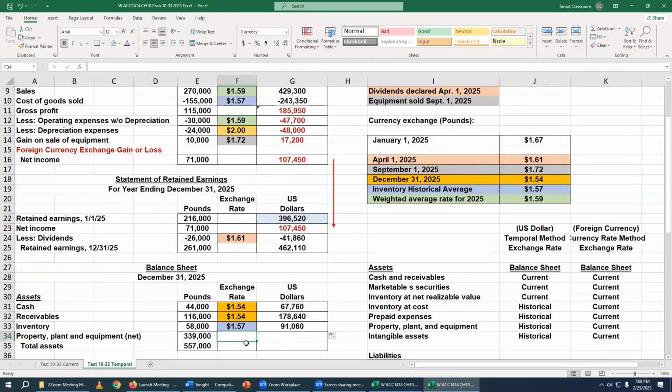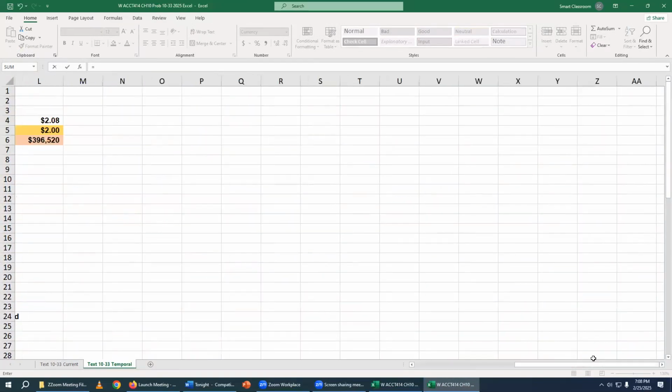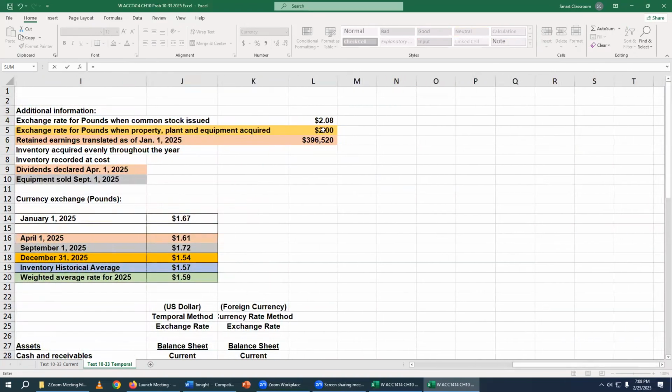Property, plant, and equipment is going to go in at the property, plant, and equipment historical cost, which was all the way up here.